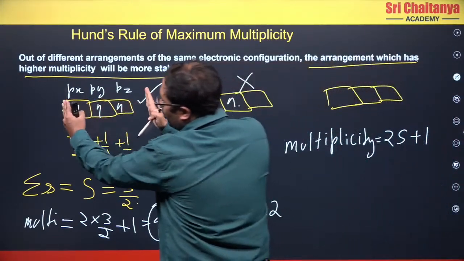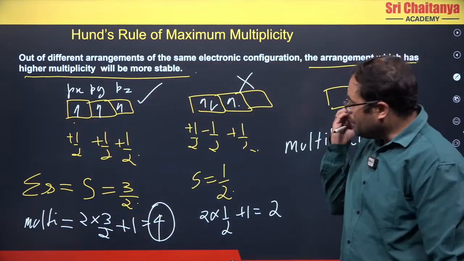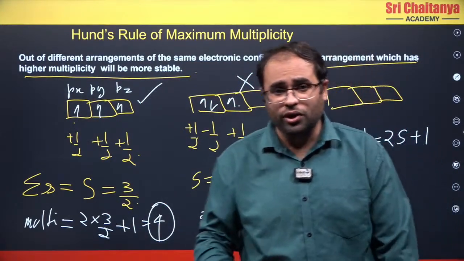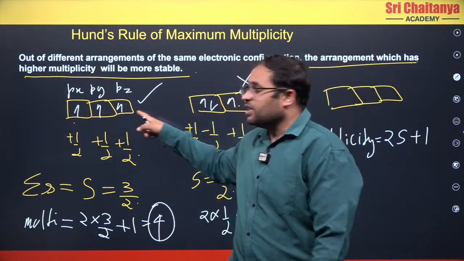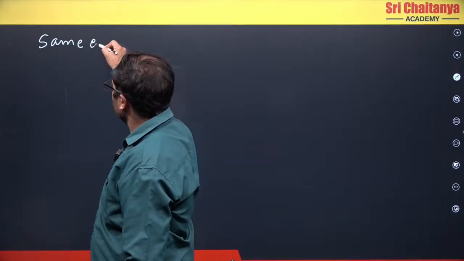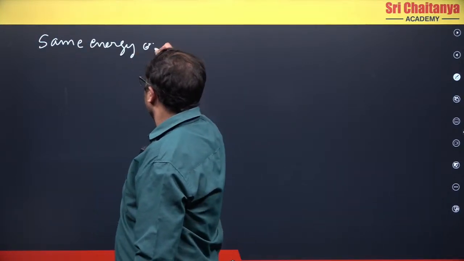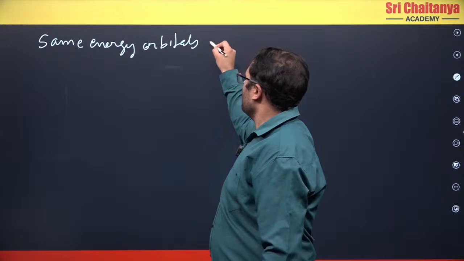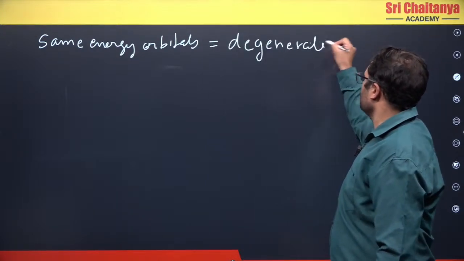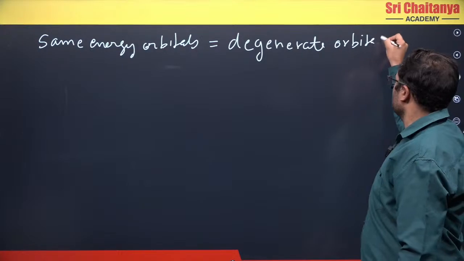Now for this to happen, remember that in the absence of a magnetic field, I told you, these three orbitals will have the same energy, and same energy orbitals are called degenerate orbitals. Right.